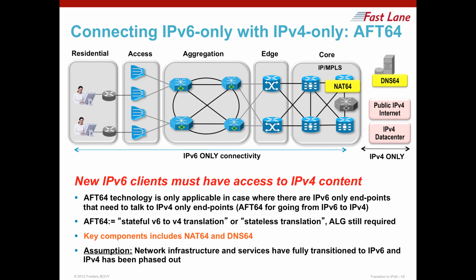And so they think that there will not need to be too much translation, and NAT64 will not be so much solicited because most of the traffic will be IPv6 native.